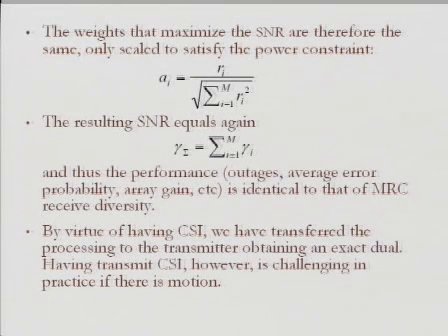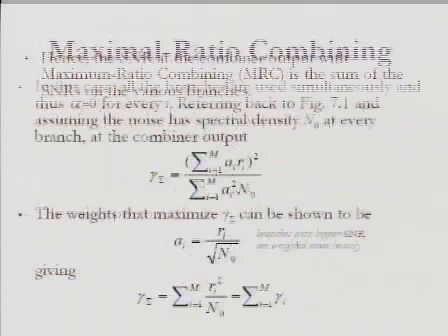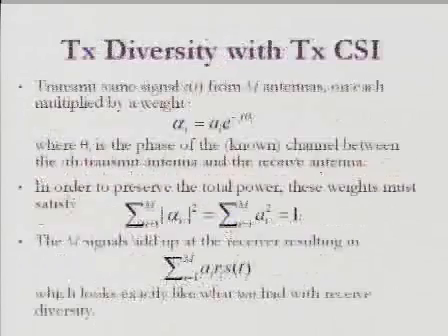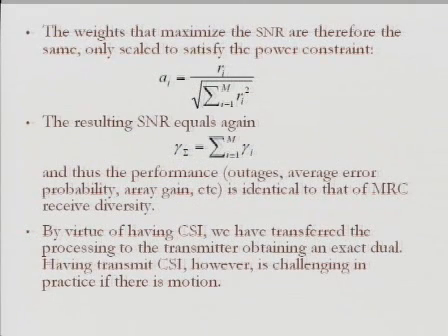So again, we have that the SNR at the output equals the sum of the SNRs. And here, I apologize, I forgot the bar. Okay, never mind. So it's the same equation we have for MRC. And so the performance is exactly identical. So outages, outage probabilities, all the formulas we saw for MRC are applicable here too.